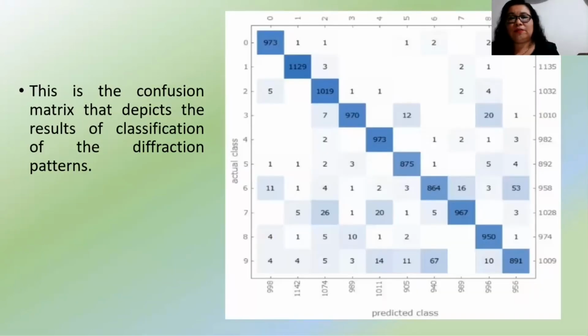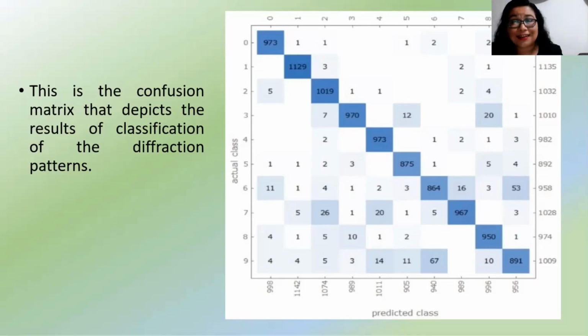This is the confusion matrix that depicts the result of classification of the diffraction patterns. The diagonal elements are the number of instances where the predicted label was the same as the actual label, while the off-diagonal values indicate the challenges encountered by the system in classifying individual classes.